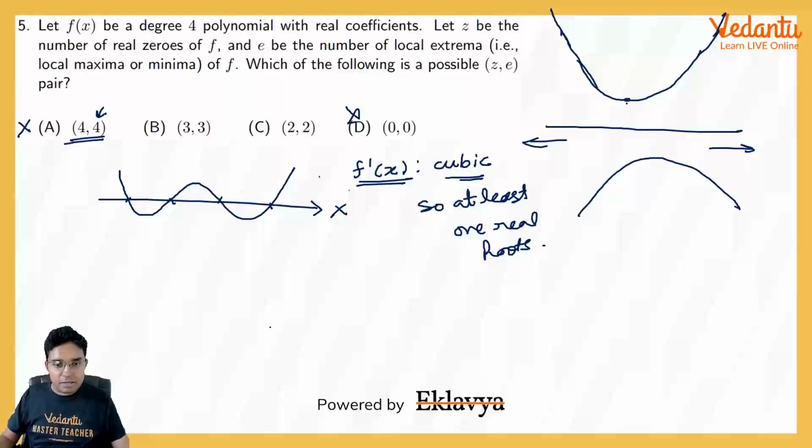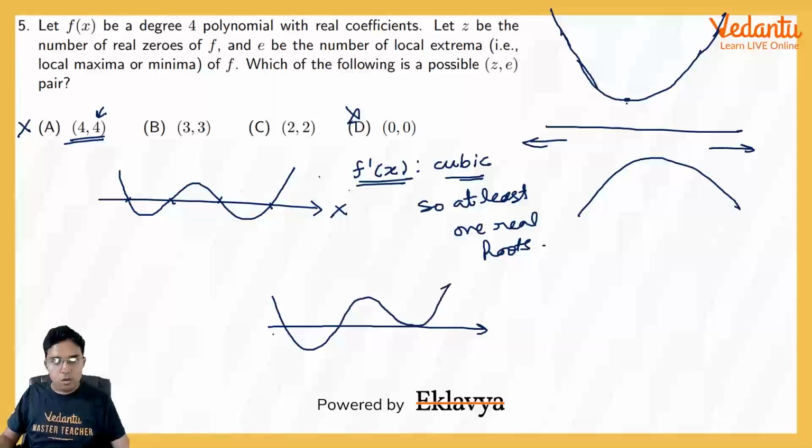If it is having 3 zeros, 3 zeros are possible only if the situation is like this. 2 distinct zeros, z1, z2, and third zero is such that it is repeated twice. In this scenario, you can check it will be having 1, 2 and 3 points of maxima or minima. So this seems correct.